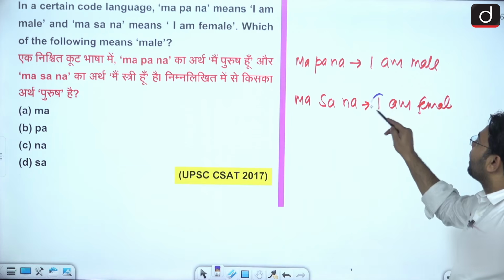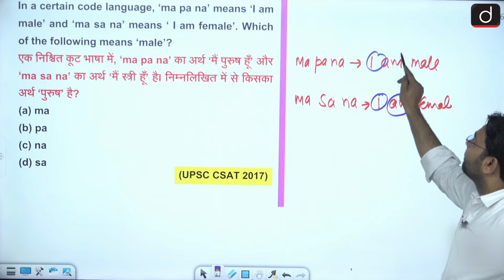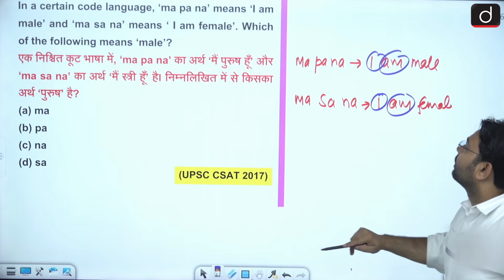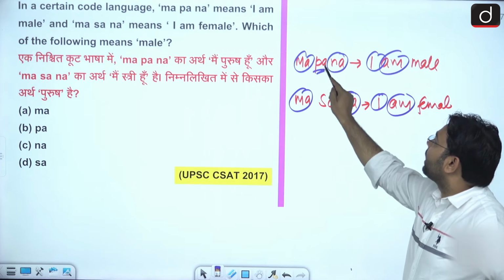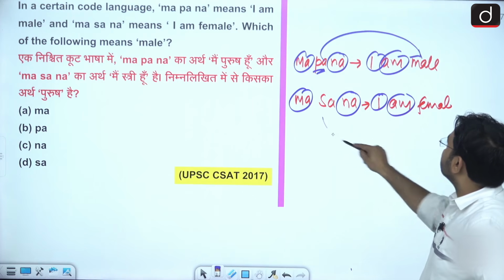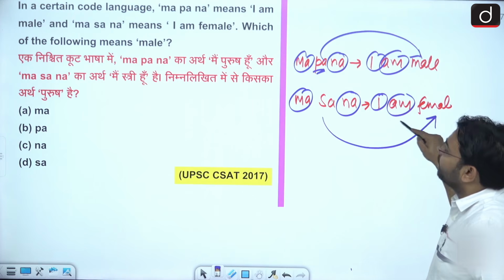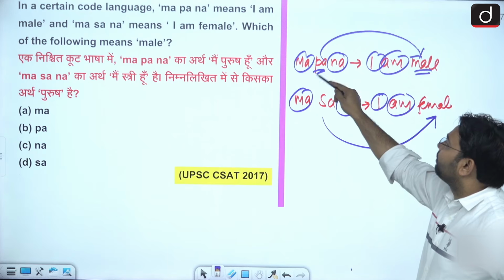The common words are I am, and the two common codes here are ma and na. So pa is for male and sa is for female, and if they want male, it is pa.